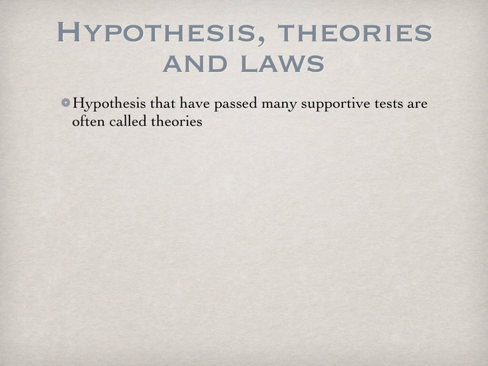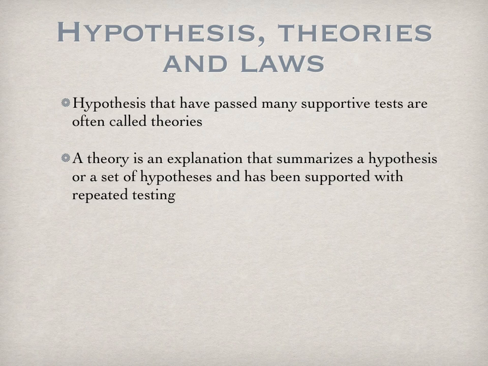Okay, so we've already talked about hypothesis. If we have a hypothesis that has passed a lot of tests and always rings true, we may turn that idea into a theory. So a theory is one that takes all of these things and, as far as we know, is true. Now we can't ever prove that, but it fits the data. A theory is an explanation that summarizes a number of hypotheses and over time has been tested and has met that standard.